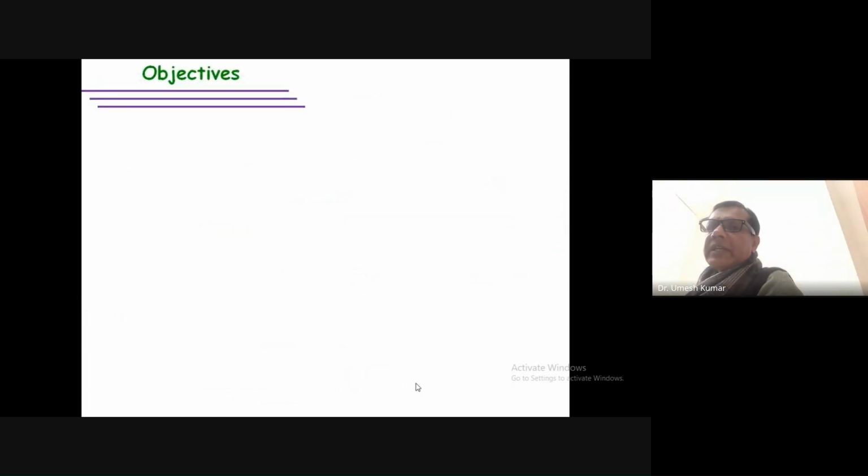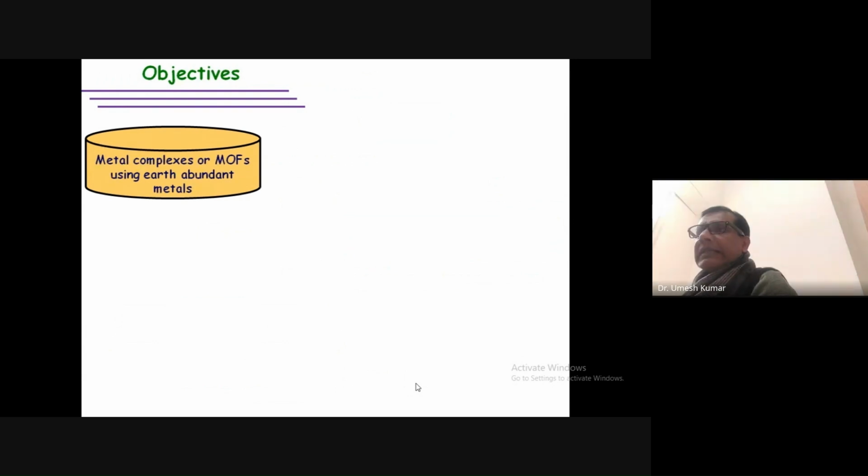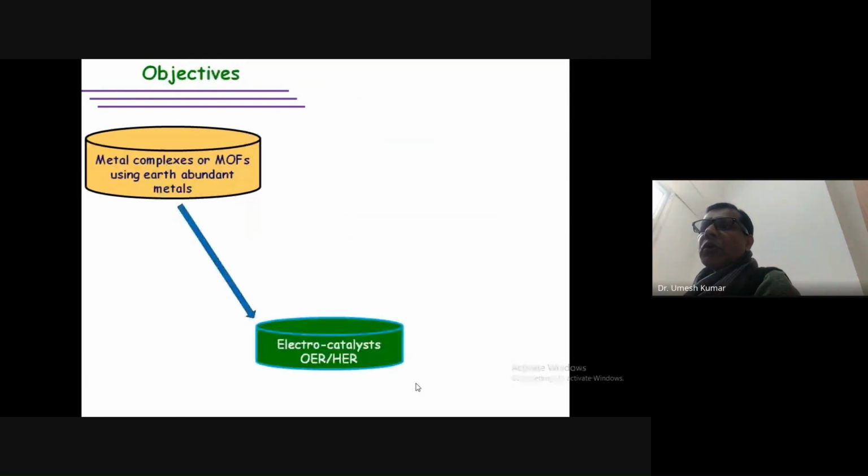So our objective is to synthesize new metal complexes as metal organic frameworks using earth abundant metals and use them as electrocatalysts for the HER or OER reactions.